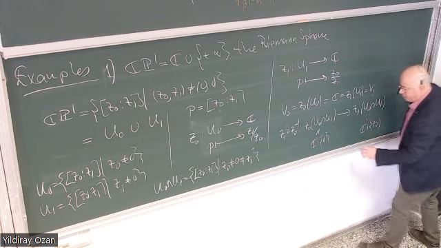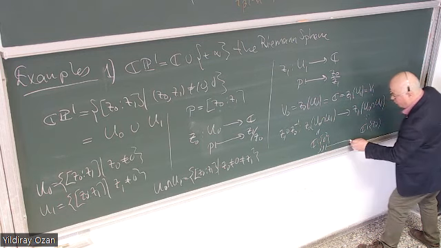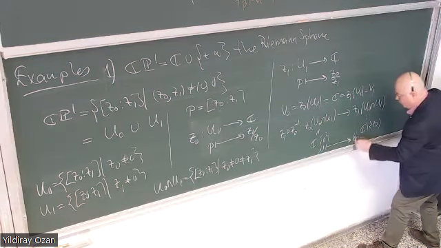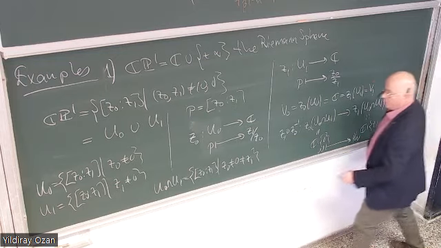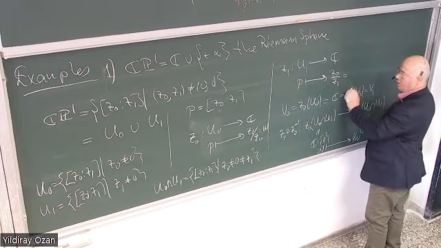And what is this map? It sends, let's say, a point W into 1 over W, right? So if this is W, what is this?